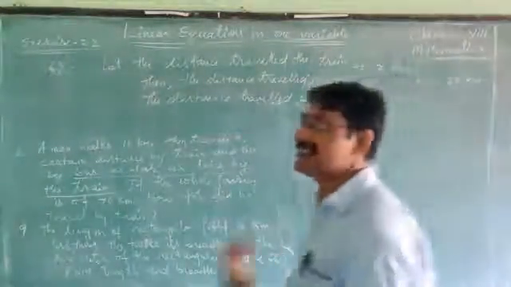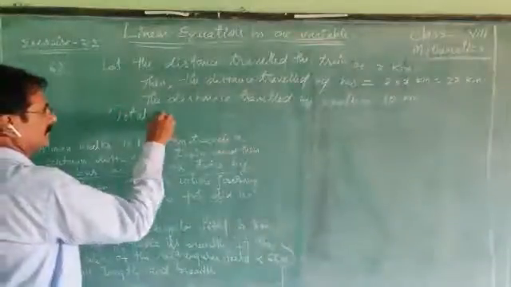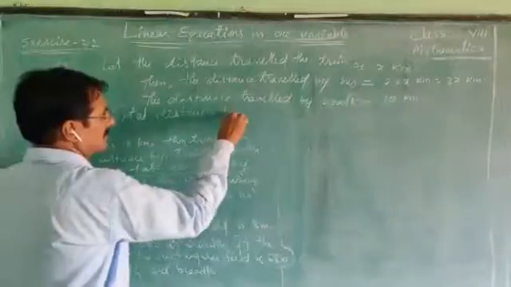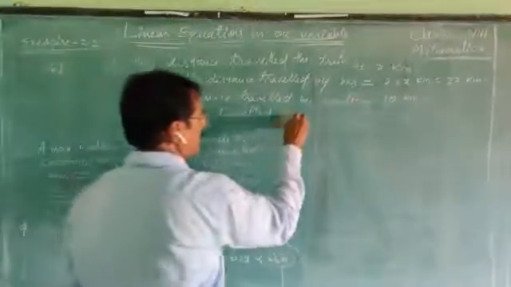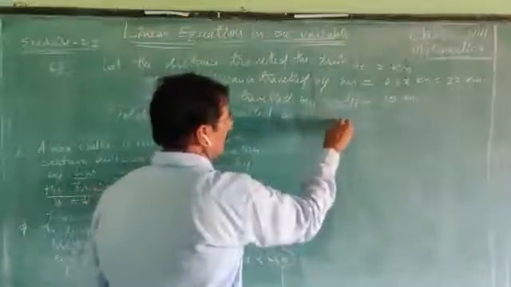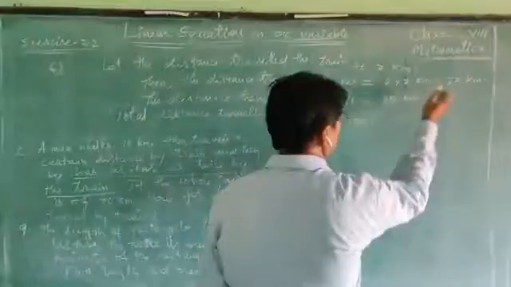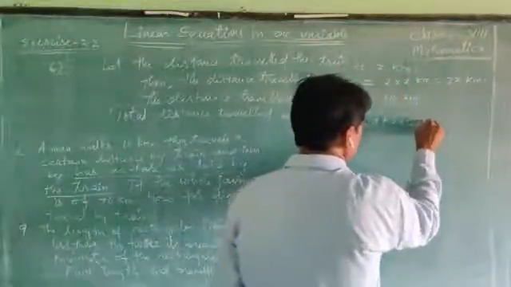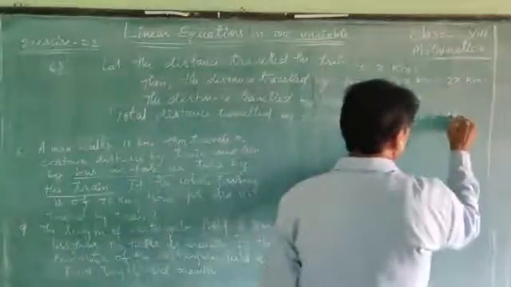Sum of these is the total distance of the man: x plus 2x plus 10 equal to the total distance already given, 70 kilometers.